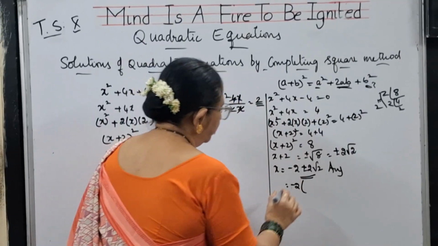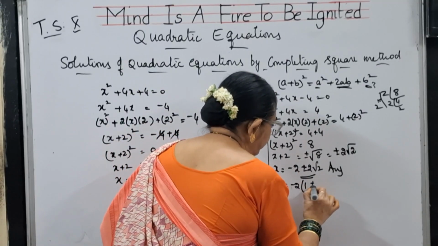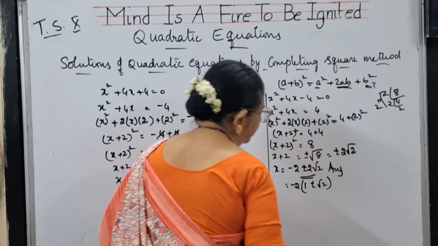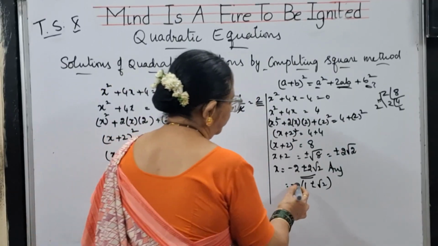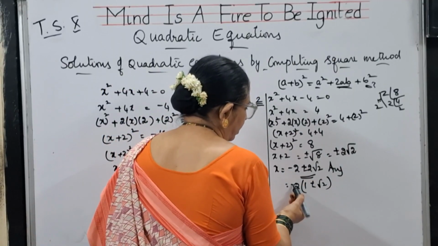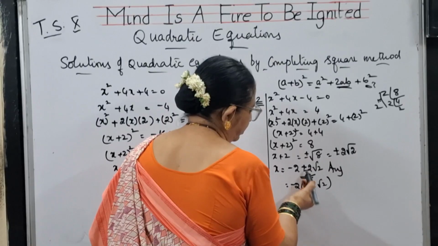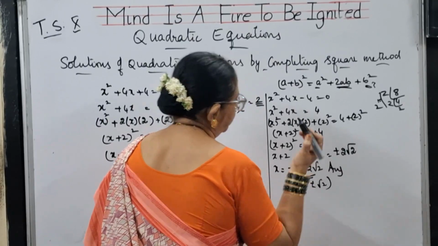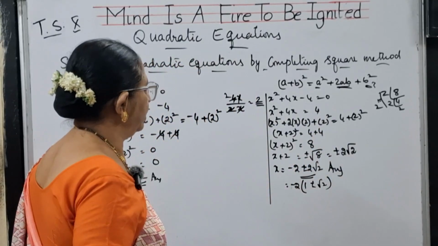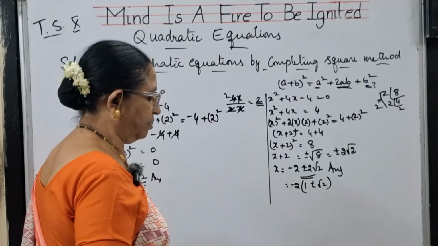If you take minus 2 into 1 plus or minus root 2, you can write. 2 ones are 2 minus. Here I am, minus into plus is minus, minus into minus is plus. Both you are getting. So anyway, you can take it as an answer, children.